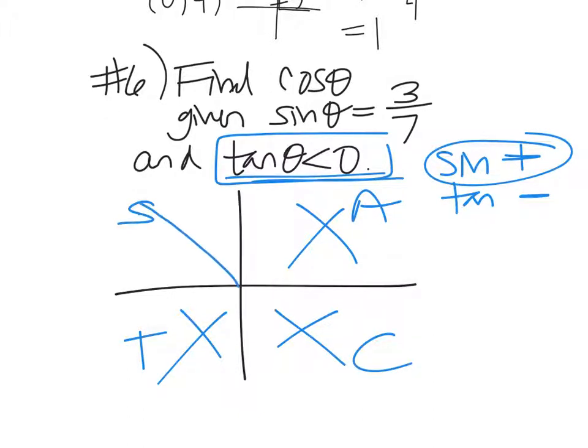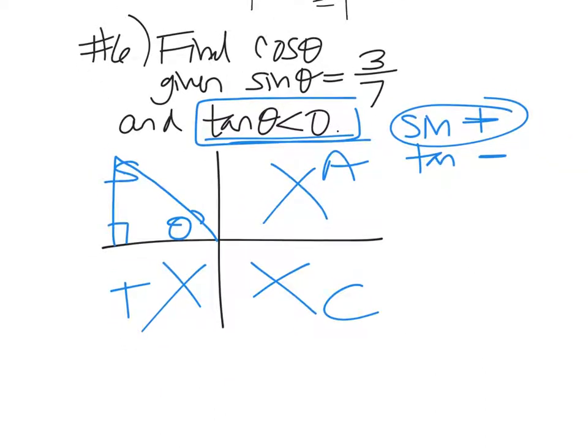All right, so we go over here and we draw a triangle and we use this reference angle right there. And sine of theta, or theta prime, it doesn't matter, is equal to 3/7, which would be opposite over hypotenuse. And then be careful to look at your triangle and ask yourself, well, should this side be positive?